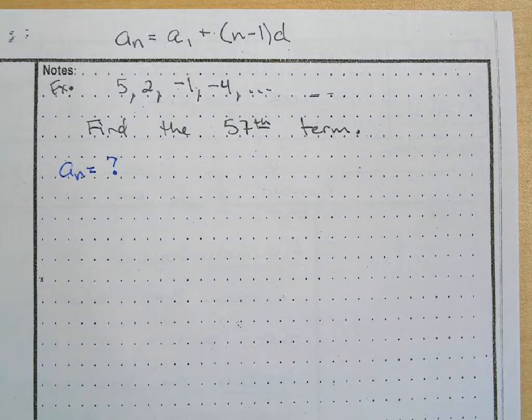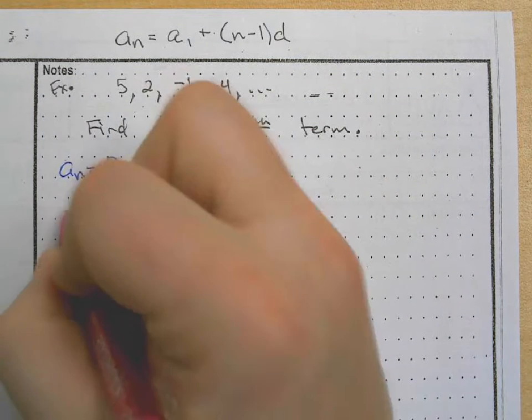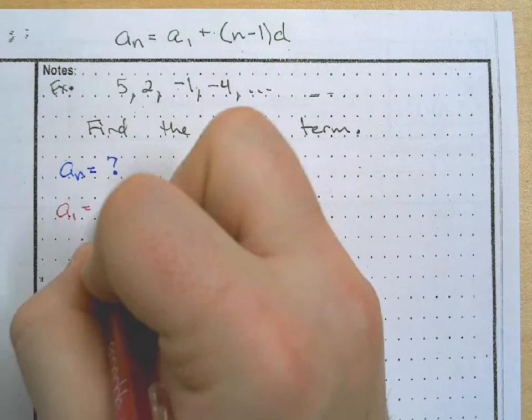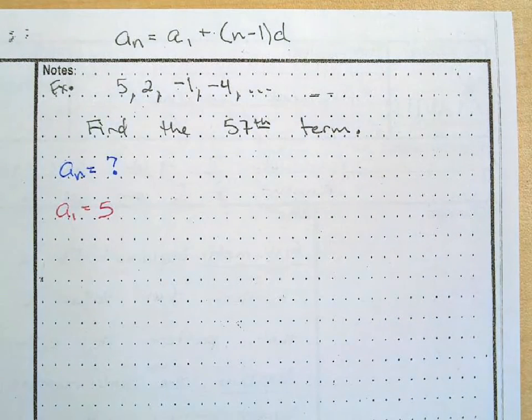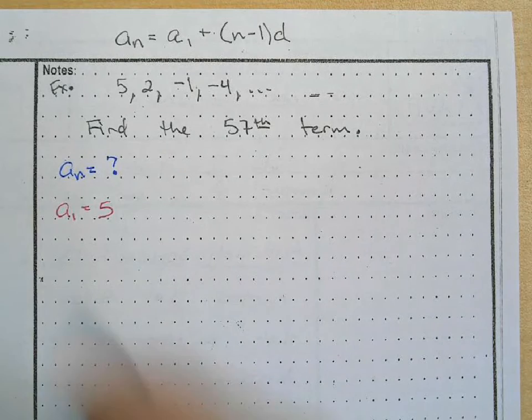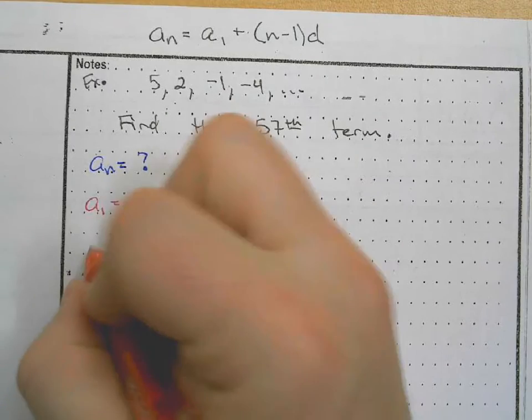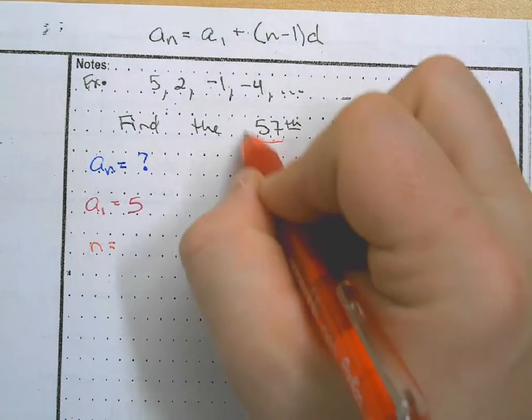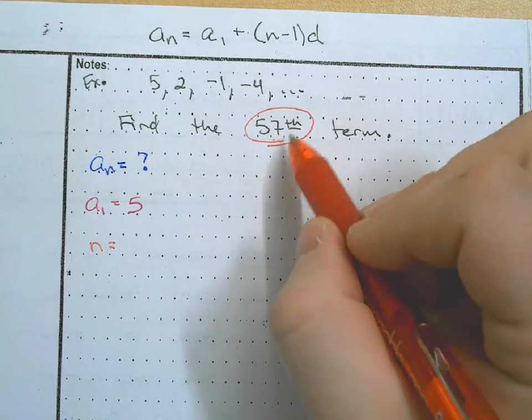A sub 1 is my first term in my list, so that's 5. N is this 57 right here. This is the nth term, or the term we're interested in, or which term we are looking for.